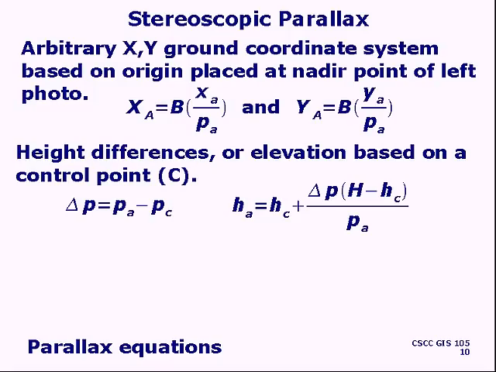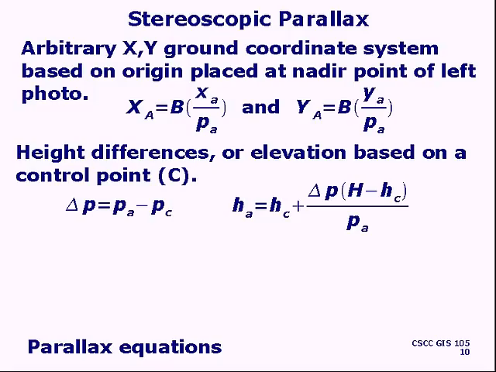We've got that from the flight report. We've got the height of C from the control report. We've got the delta parallax that we just computed, just taking the two numbers in millimeters, subtracting one from the other, getting a delta P, and then the parallax for A, that was one of the givens.